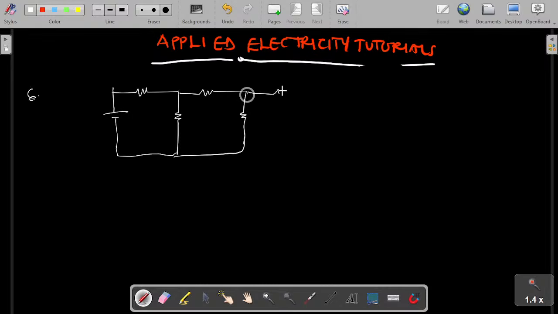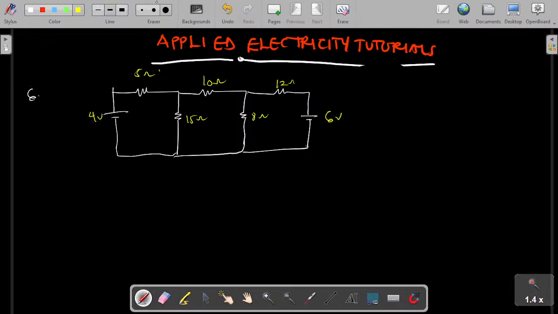Then I have this here. So this here is 6 volts, 12 ohms. This is 8 ohms, 10 ohms, 15 ohms, 5 ohms, then 4 volts.